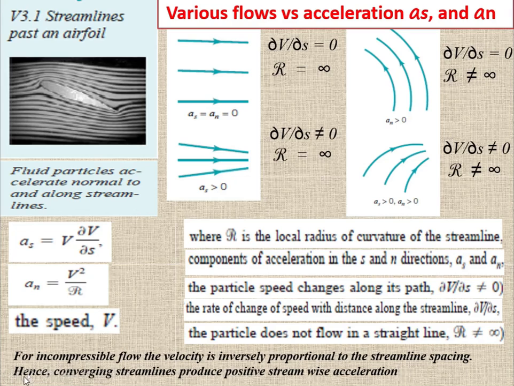Here we can see that for incompressible flow, the velocity is inversely proportional to the streamline spacing. Hence the streamlines are converging. This is the reason the lines converge, to produce positive streamwise acceleration that is greater than 0.